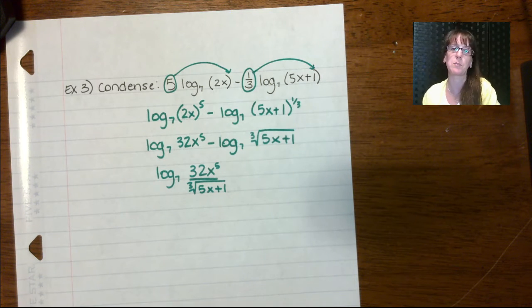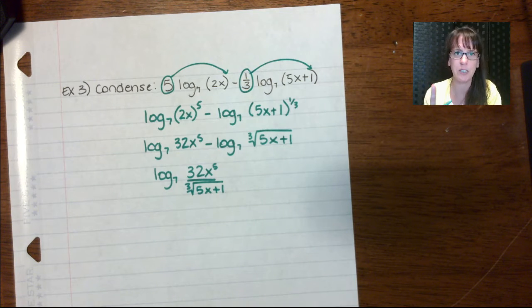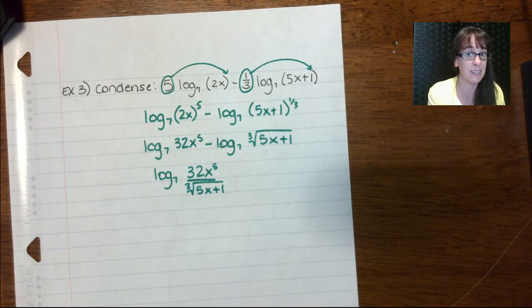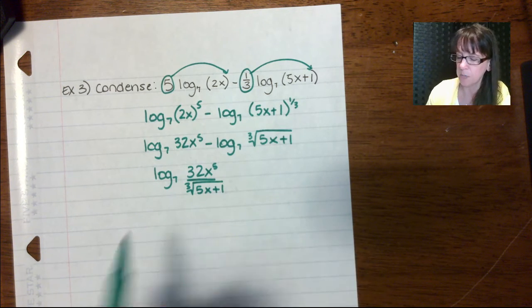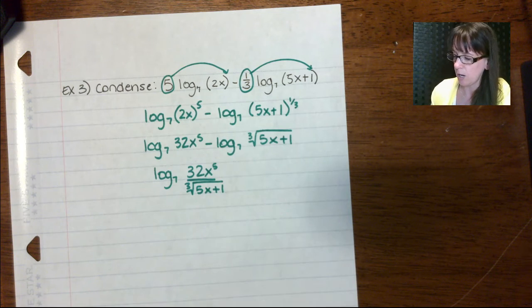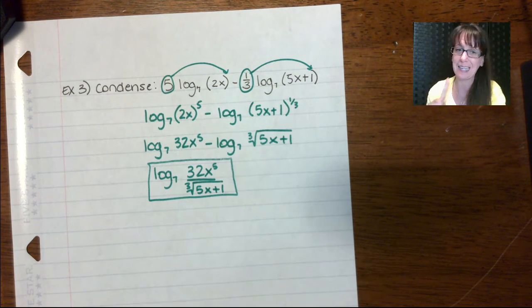Don't do that. When you are switching between subtraction and division or multiplication and addition, when you're condensing, you're trying to get rid of those logarithms. So you don't want to be adding those in there. So when you switch those up, make sure to get rid of one of your logs. This would be the condensed version because now we're down to exactly 1 logarithm.